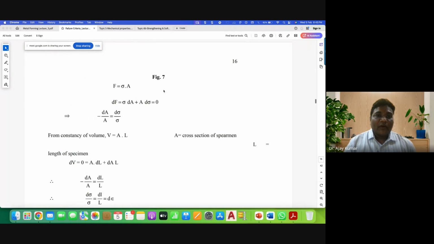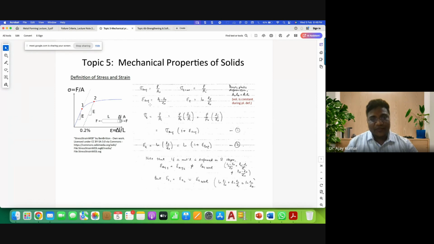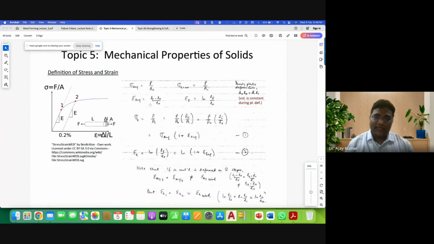Now, this is what I have explained to you about how to do the mechanical properties. First you prepare these samples, and then apply the tensile load, and the same thing applies to the compression load. The behavior will be different.